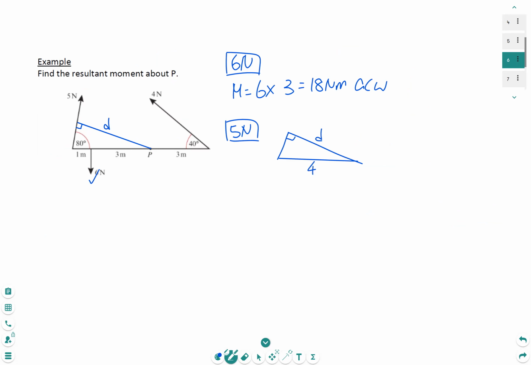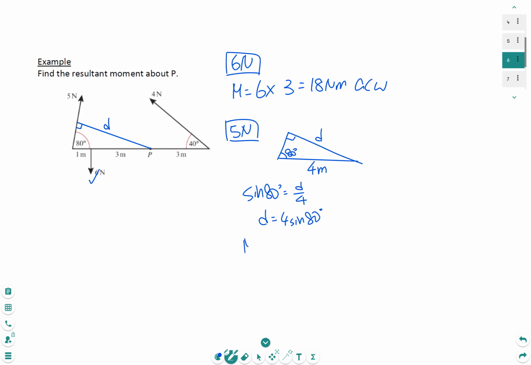There's 4 meters in here, and there's 80 degrees. So we have opposite and hypotenuse. Opposite over hypotenuse, that's sine. So sine 80 degrees equals d over 4. So d equals 4 sine 80 degrees. I'm going to leave it as it is right now.